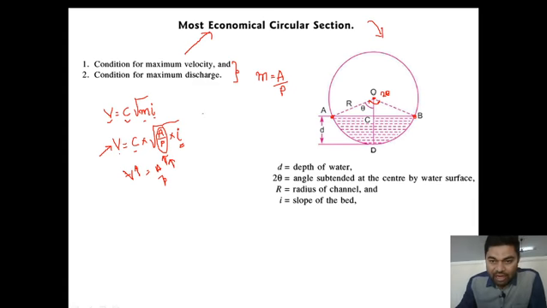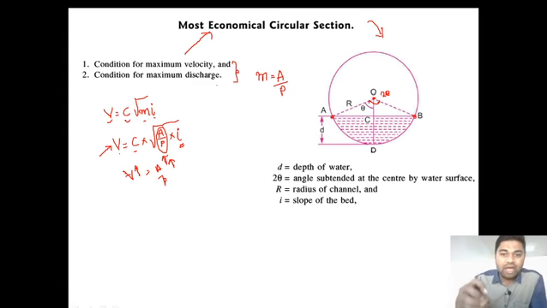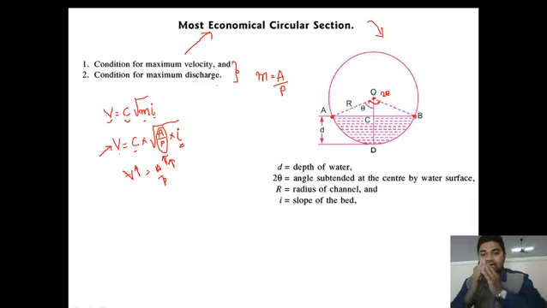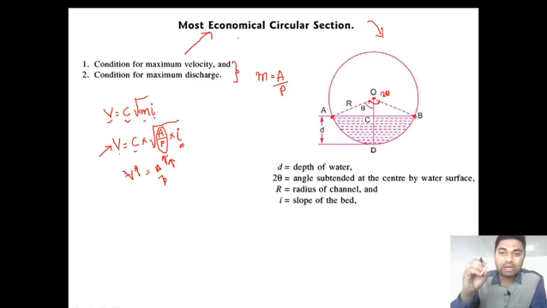Look at the figure. The diameter is constant, the radius is constant, and the depth of flow will vary with theta. Here in the circular channel, the only parameter which we have to adjust is this angle subtended at the center by the water surface. The only parameter which changes is theta.